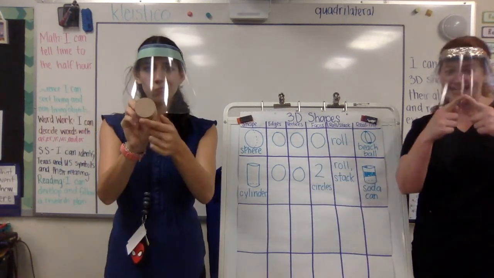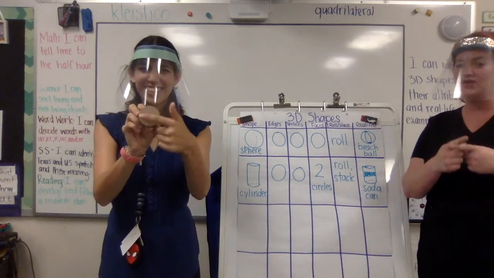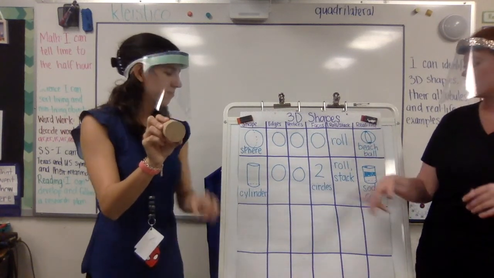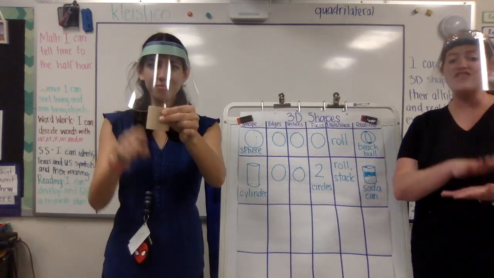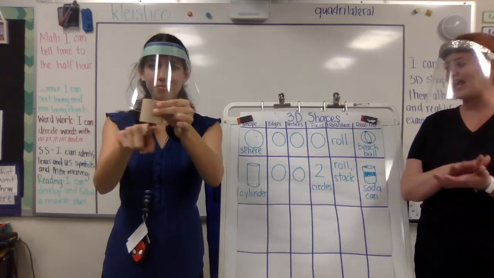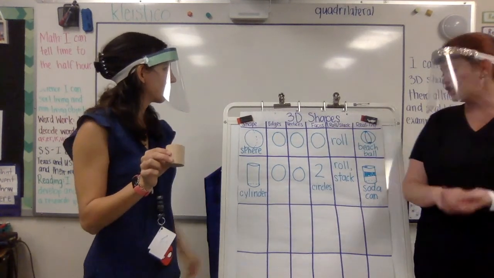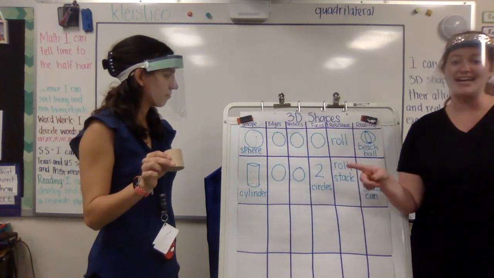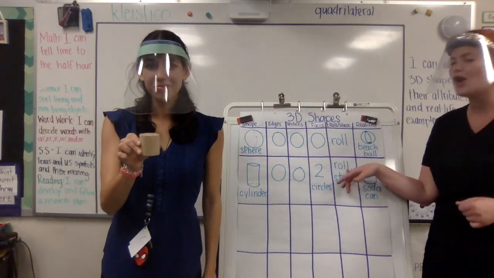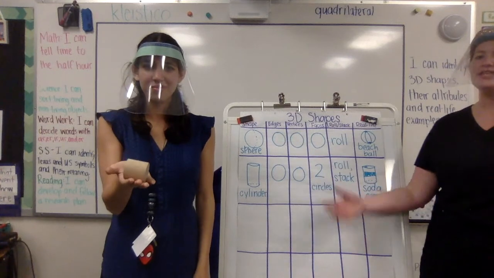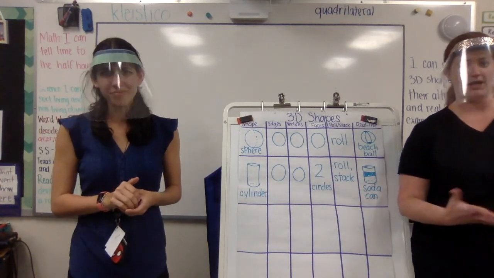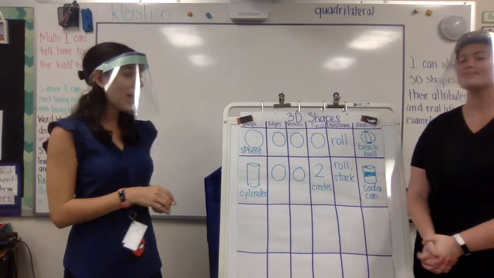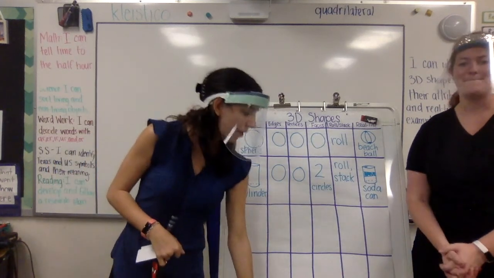At no point did it come to a point to create a vertex or vertices. But it does have 2 faces. It had those 2 flat sides that it could stack. But because it has that rounded edge, it can also roll. And we said a real-life example would probably be like a soda can or a water bottle or anything like that. Well, we have 3 more that we're going to learn about today.